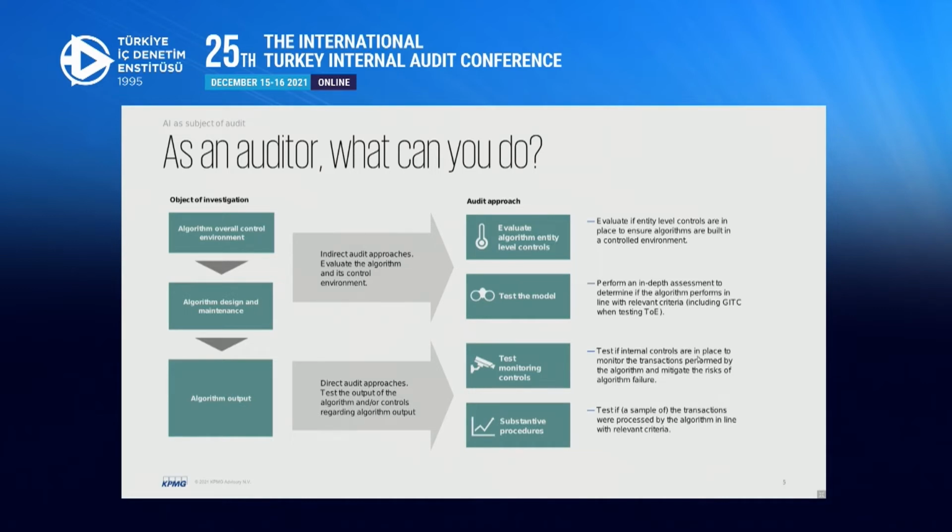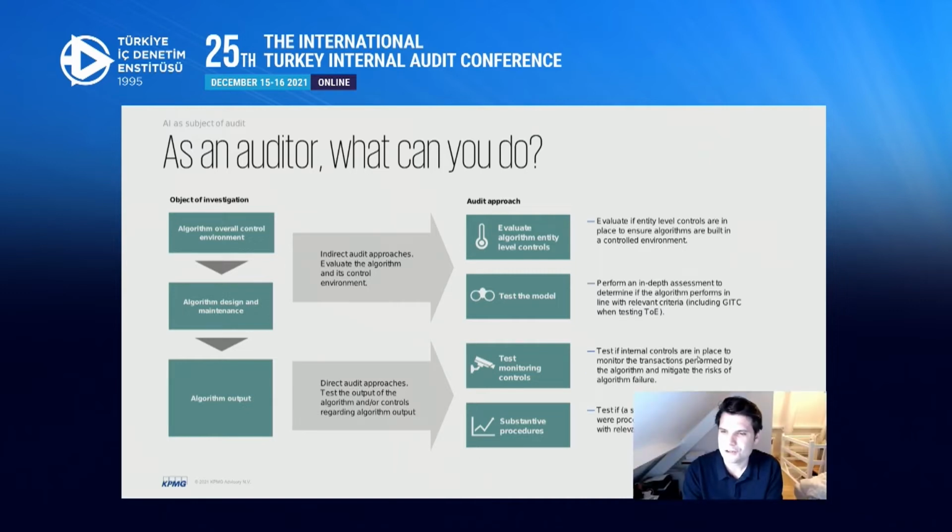The difference with, for example, an automated control is the way an AI solution is being developed. And that's what I described in my first slide with the different types of technologies. You're using input data for training, for example, and you're using advanced statistics and mathematics. So as an auditor, you need to be equipped to understand that way of working. But the line of thinking with looking at design and implementation is not so different from what we are used to doing as auditors, only the way to look at it.